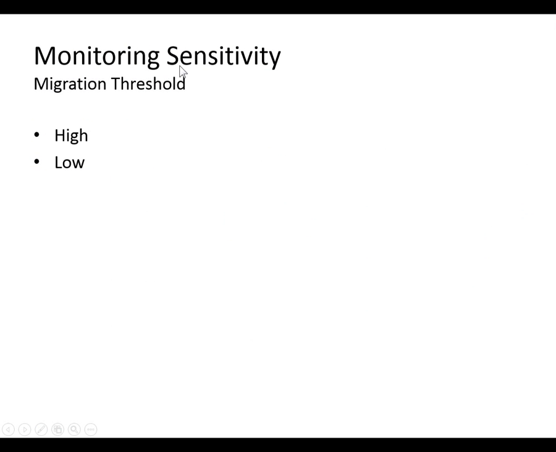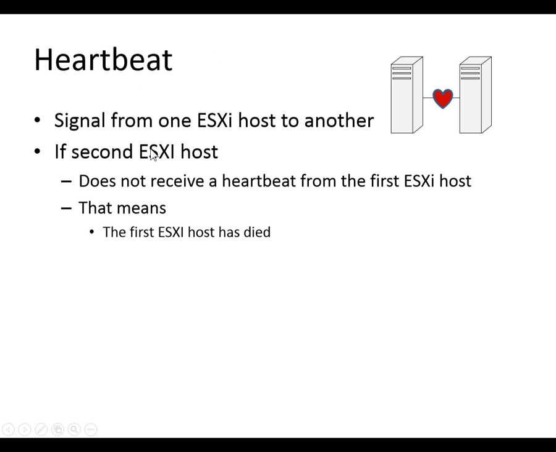Now let's discuss monitoring sensitivity and the migration threshold, which can be set to high or low. And this introduces the concept of heartbeat. A heartbeat is a signal sent from one ESXi host to the other. And if the second ESXi host does not receive a heartbeat from the first ESXi host, then that means that the first ESXi host has died.